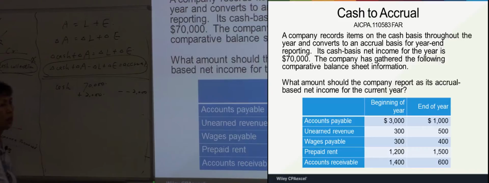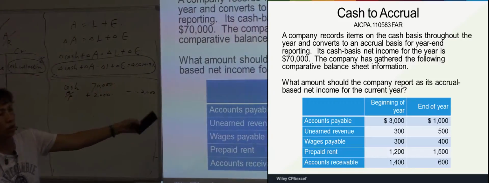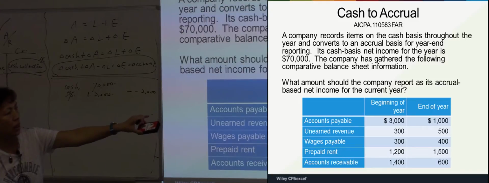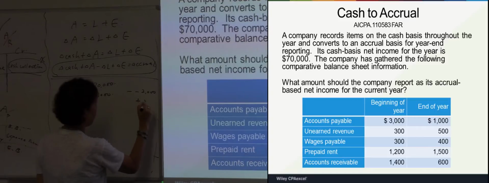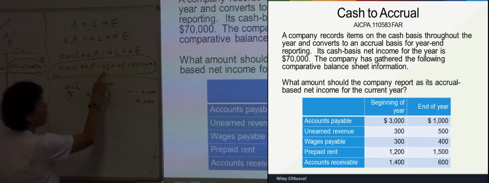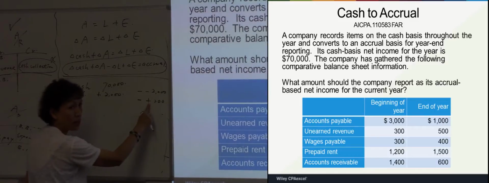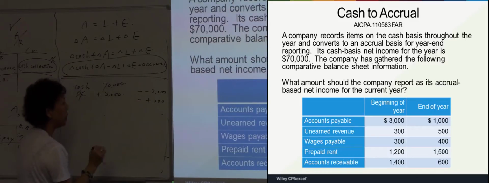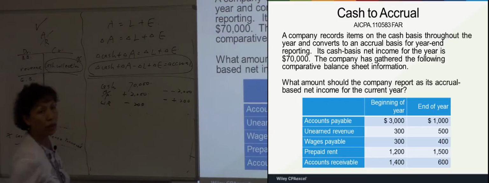And unearned revenue is also a liability. It increased by 200. The sign for liability is negative, and it's increased, that's why I put positive. So negative, positive becomes negative. This is for UR. UR means unearned revenue.